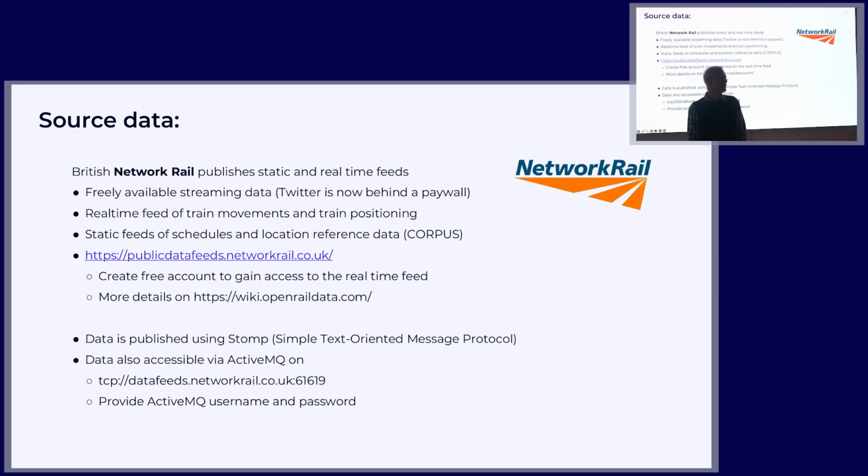Position of trains around, the schedule, all the metadata behind it, like locations and so on, is all available in there. And it's available in a so-called STOMP format, simple text-oriented messaging protocol. But it's also available in ActiveMQ. And for ActiveMQ, that's very handy. We have a ready-made connector. All you have to do is plug it in, and now it streams data.